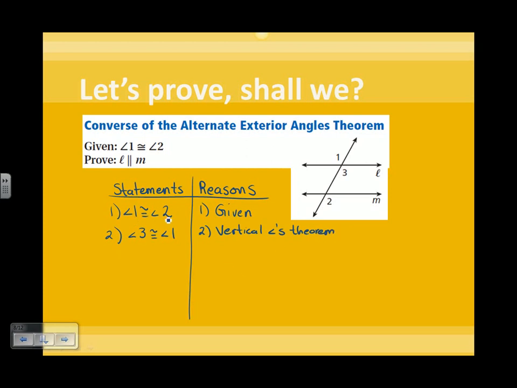So if angle 1 is congruent to angle 2 and angle 3 is congruent to angle 1, if I read this the other way, angle 3 is congruent to angle 1 and angle 1 is congruent to angle 2, then I can say that angle 3 is congruent to angle 2 by the transitive property of congruence.